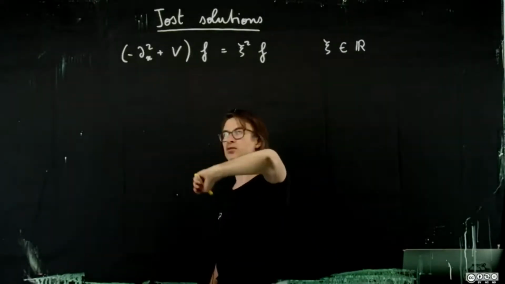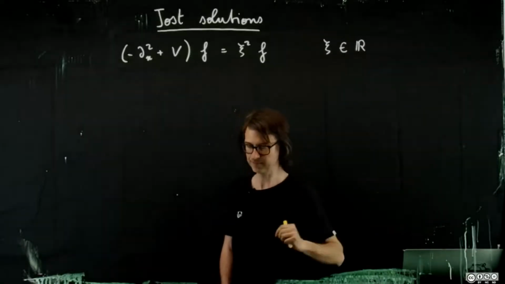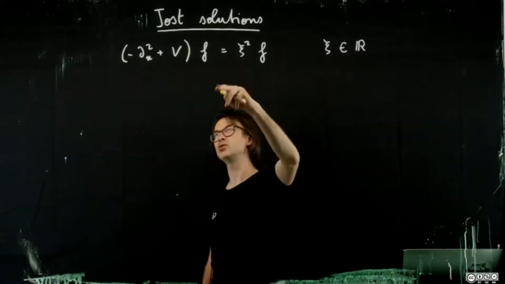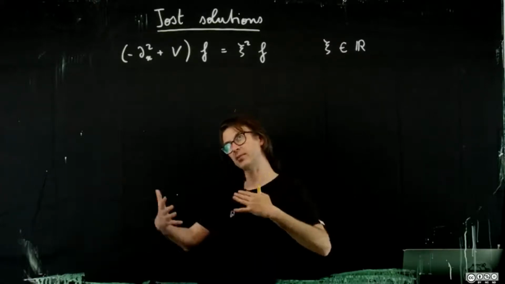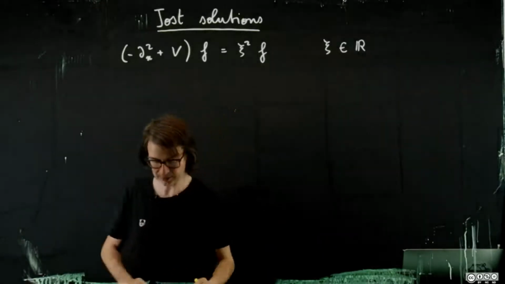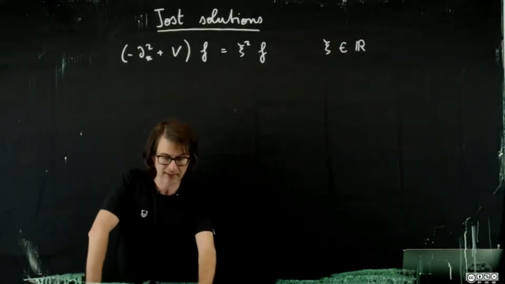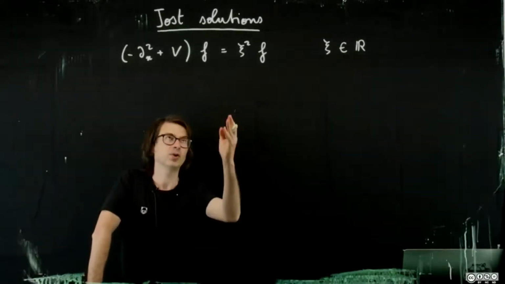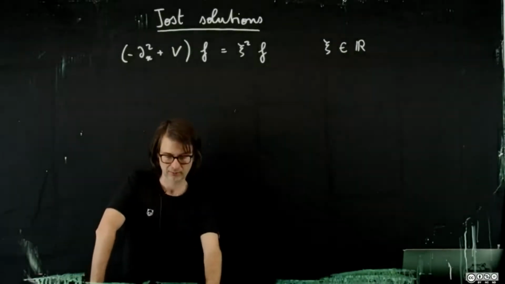If you set V to 0, for instance, so far away from the origin. But if ξ goes to 0, you lose these oscillations, and new things happen. So it's sort of a singular limit. And the main problem is to understand what happens when ξ goes to 0.